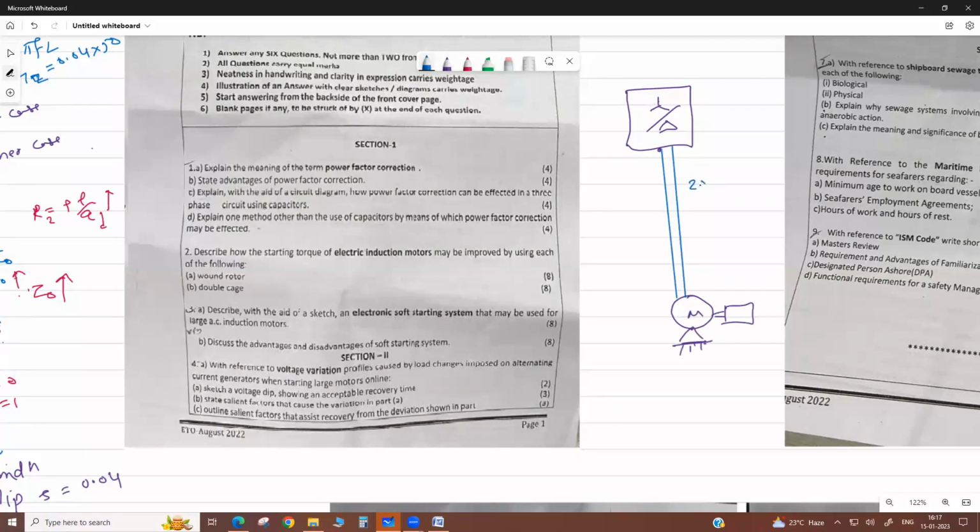Are you know? 2 into 3 core, okay? 2 run. Why? Because the terminals we extend from this motor, there are 6 terminals, we bring to this starter, and here we use a contactor to convert the star delta. But you know, this is the disadvantage of star delta, my dear.